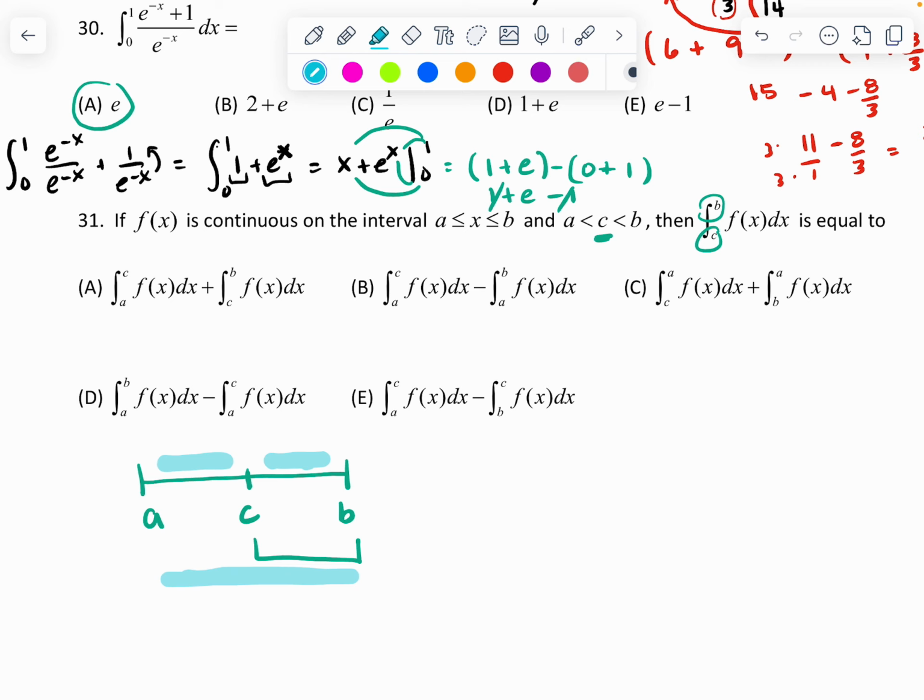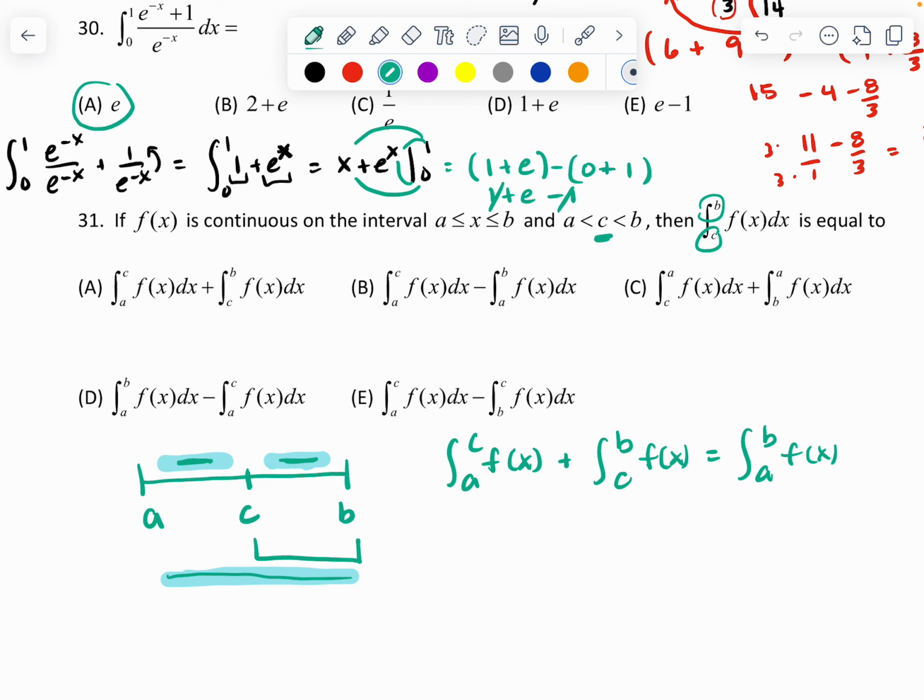So let's go ahead and do that. I'm going to have the integral from a to c of f of x. That's this part. Plus the integral from c to b of f of x. That's this part. Equals the integral from a to b of f of x. That's the whole thing. Does that kind of make sense? Now, what am I looking for? Because I forgot.